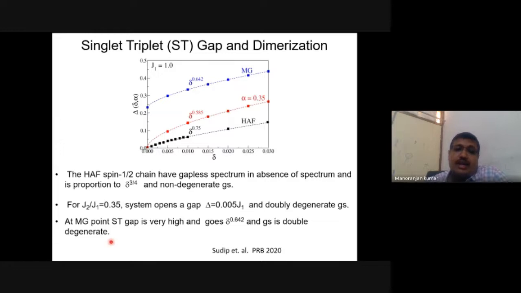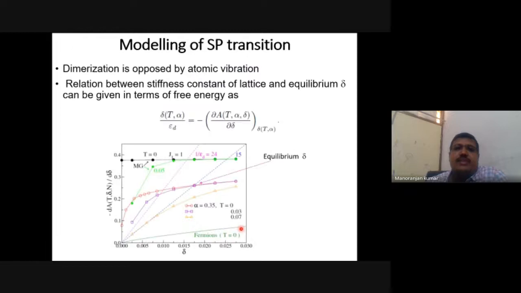And all of us know that the MG point has the highest singlet triplet gap, and it goes as delta to the power 0.642, and the gap is doubly degenerate, because you have two singlet dimer states and these two are connected by the rotational symmetry.